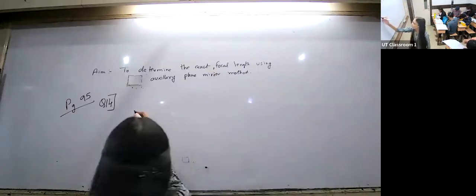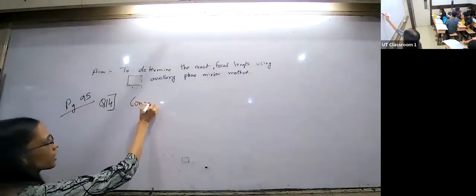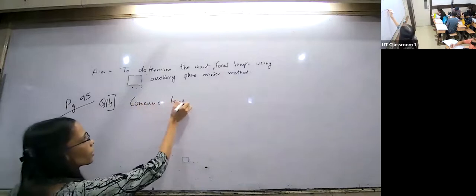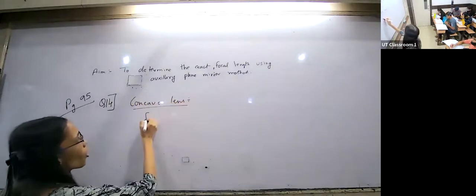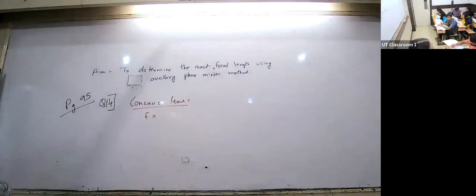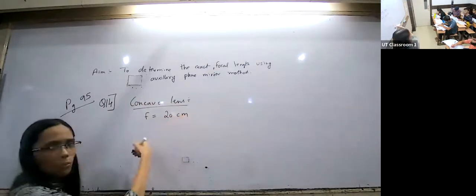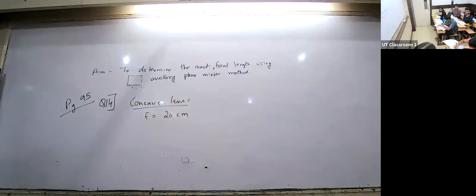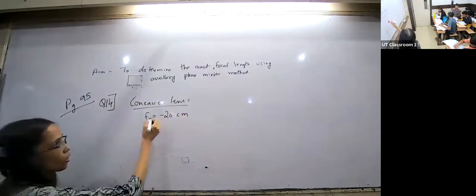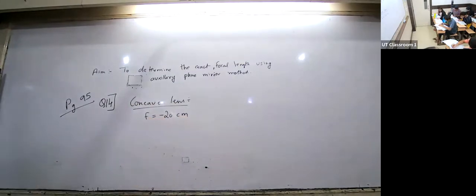So let's see. A concave lens is used. What is the focal length given? 20 centimeter. Will I write plus 20 or minus 20? Minus. It is a concave lens, so please don't go wrong. What is the other information? Where is the object here?